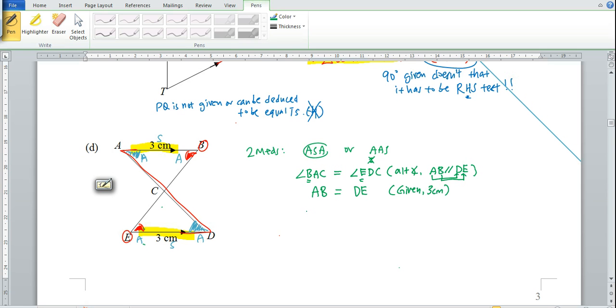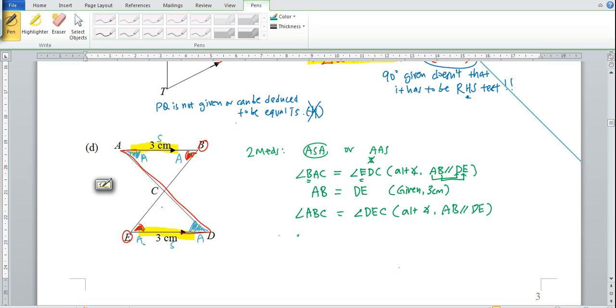And the last thing is an A. The last evidence I need is an A. So I have another angle, ABC, is equal to angle DEC. Whenever I write this down, make sure it matches. So you have to be careful when you label the sequence of the letters of the vertices. In this case, it is also an alternate angle with AB parallel to DE.